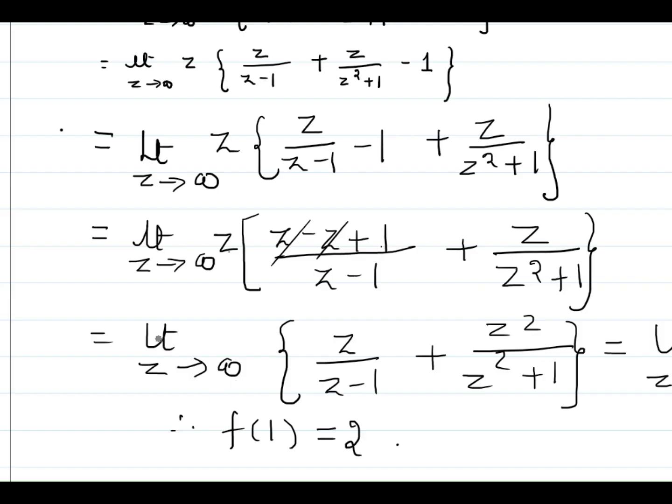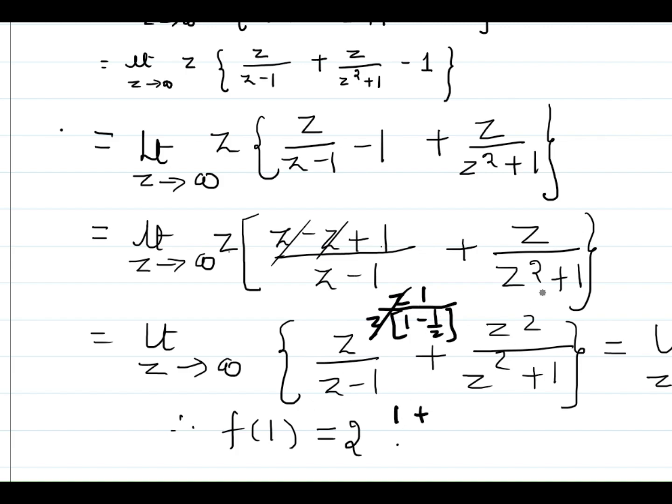So if we are solving for the limit z tends to infinity, we'll get f(1) equals 2. What we will do here, we'll take z common from the numerator and take z from the denominator, to get 1 minus 1 upon z. So this is cancelling, and 1 by z is 0, so 1 upon 1 means 1.